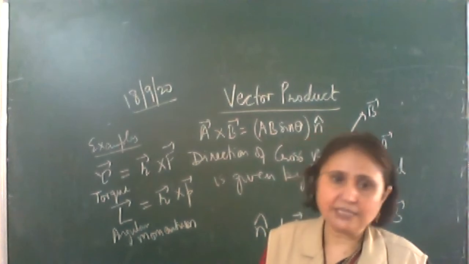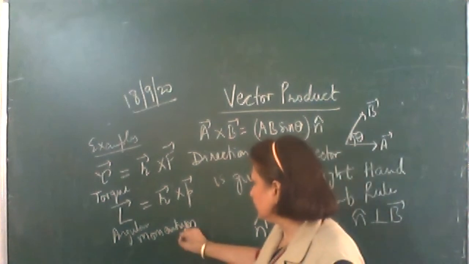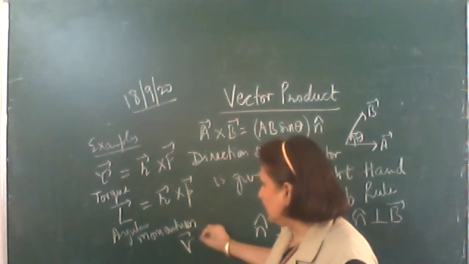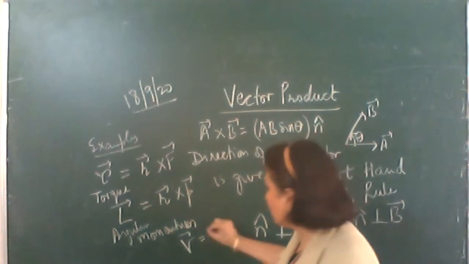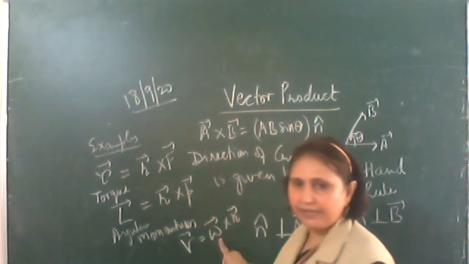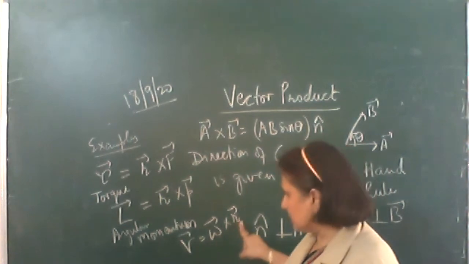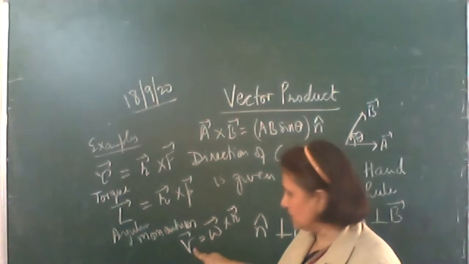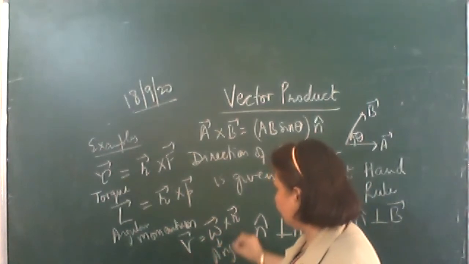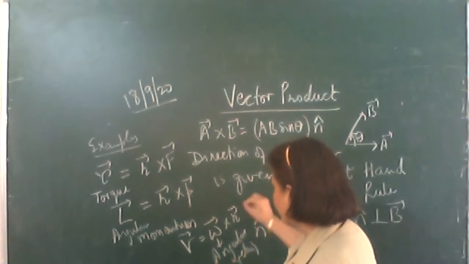Okay, another example which we have already studied in uniform circular motion. The linear velocity vector is equal to angular velocity vector omega cross r vector. Omega is the angular velocity, this is the radius vector, and this is the linear velocity.